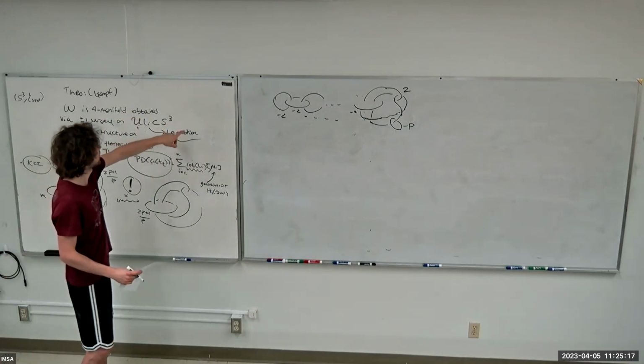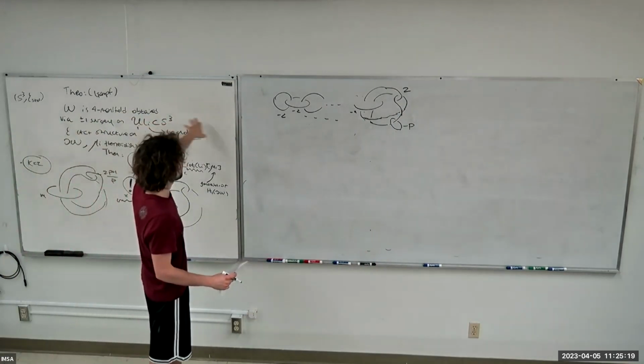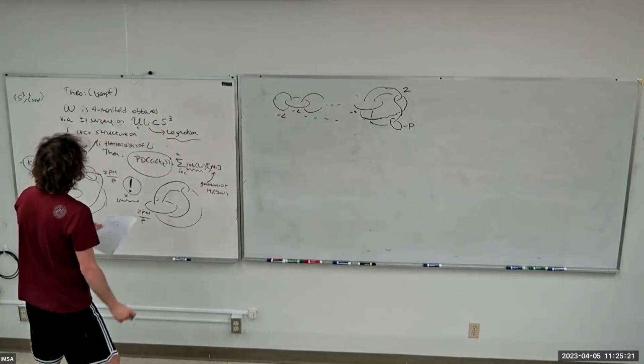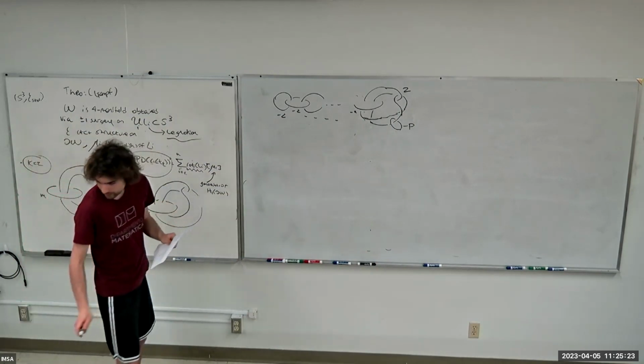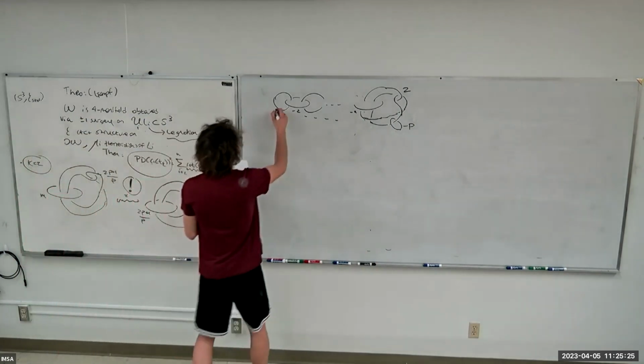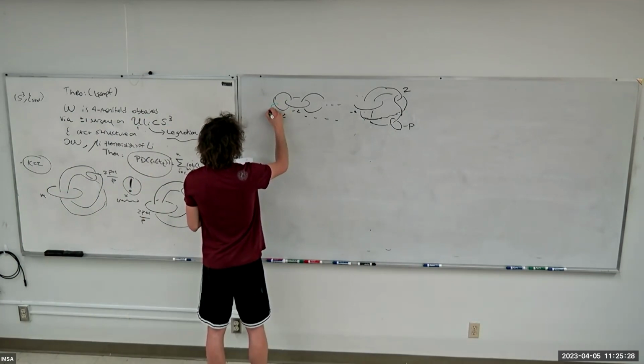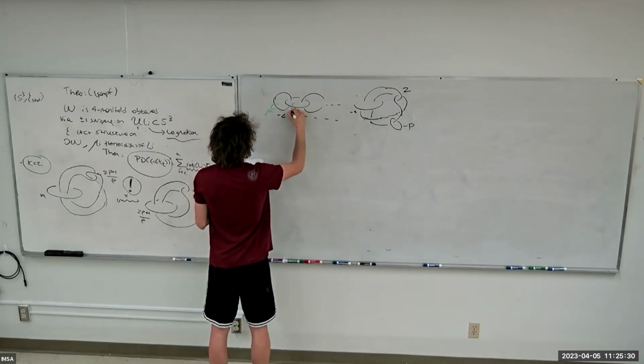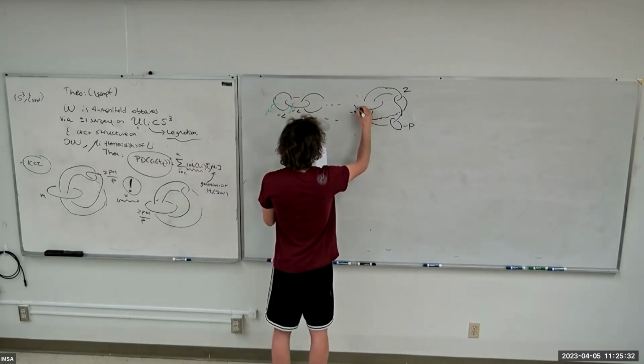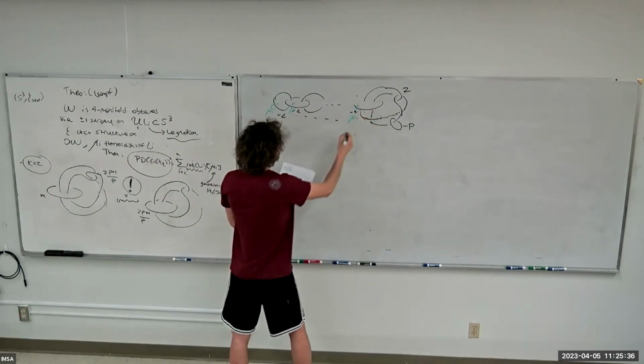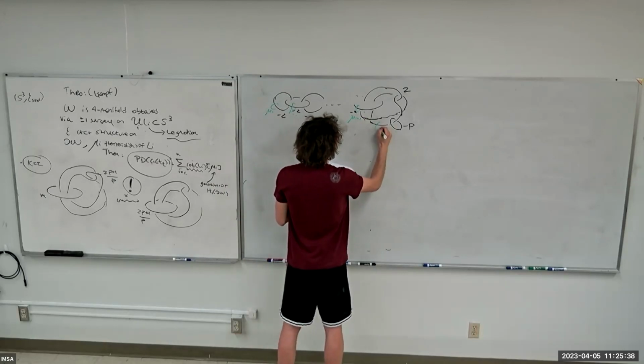the link, let's say L, with components inside S^3. Now I take the meridians, which are just mu1, mu2, and so on. This is mu_{m-1}. This is mu_m.